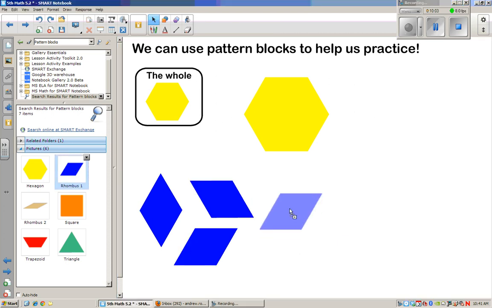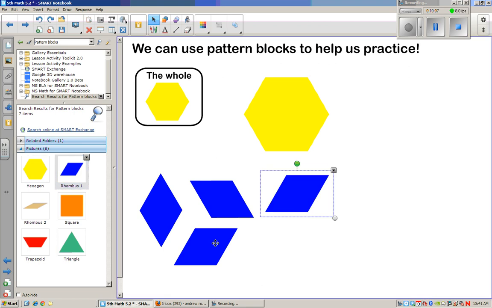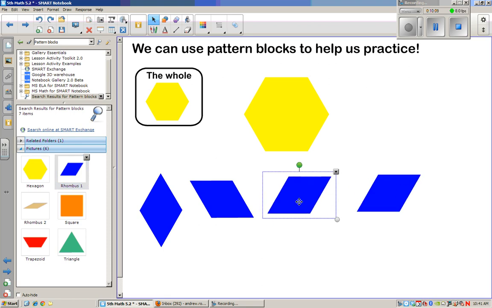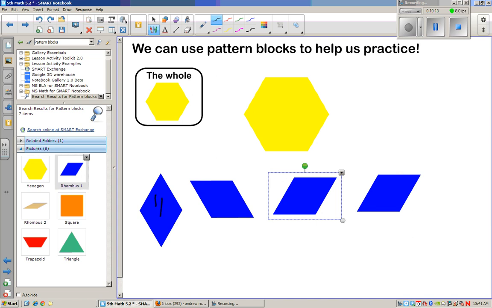Now, what if I bring out another third? So I've got all these out here. Then I've got one third, one third, one third, one third. And that would equal, all together, 4/3.